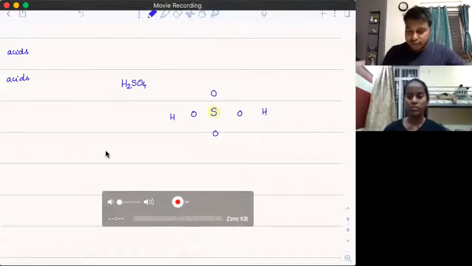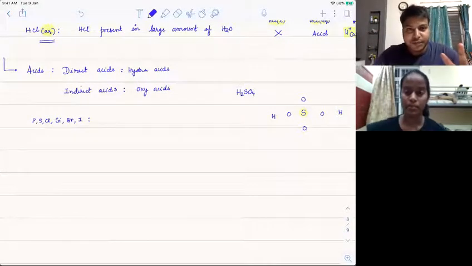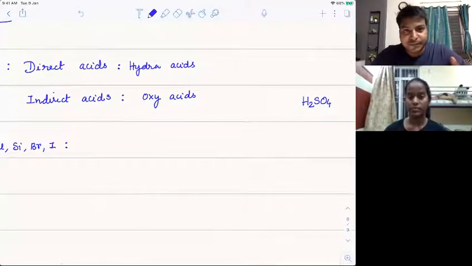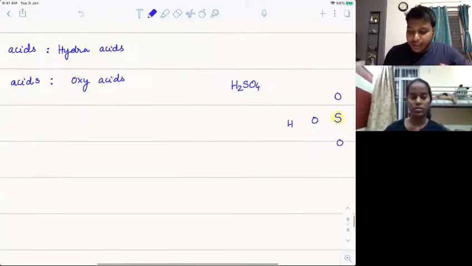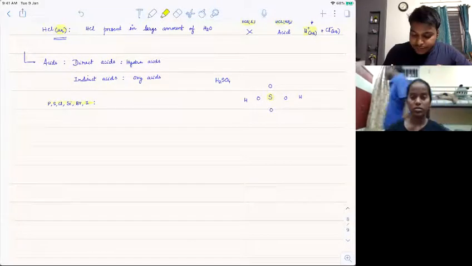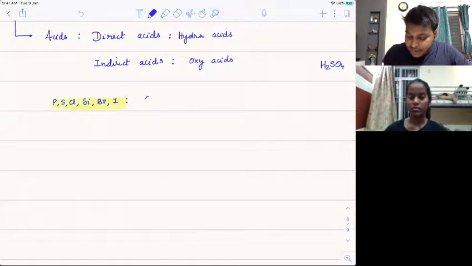Okay. So basically, acids can be categorized into two forms. Let me repeat that again. One is hydra acids, the other one is oxyacids. Okay. Hydra acids. Now, these elements which I have written, phosphorus, sulfur, chlorine, silicon, bromine, iodine, they usually are central atoms.